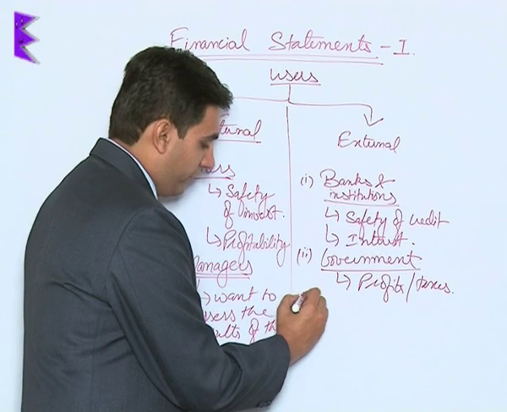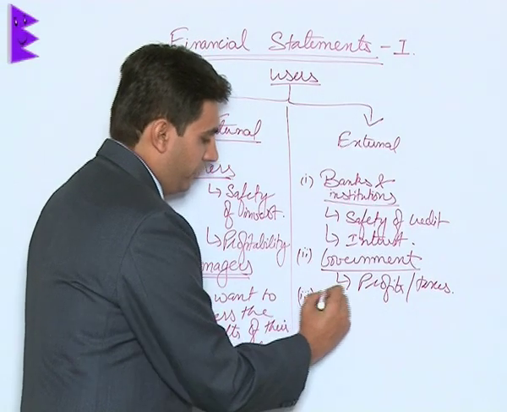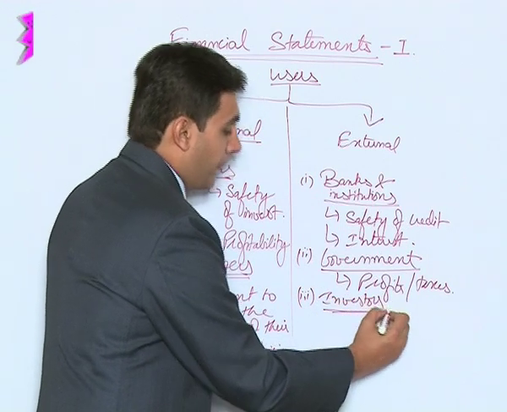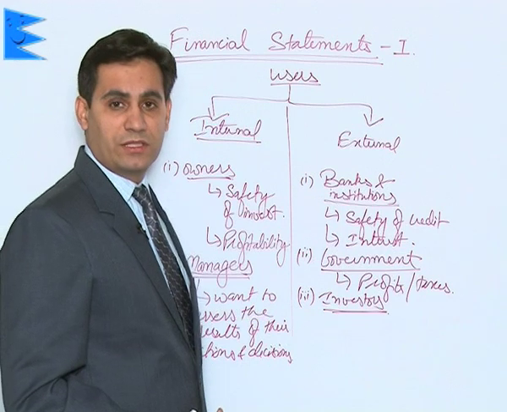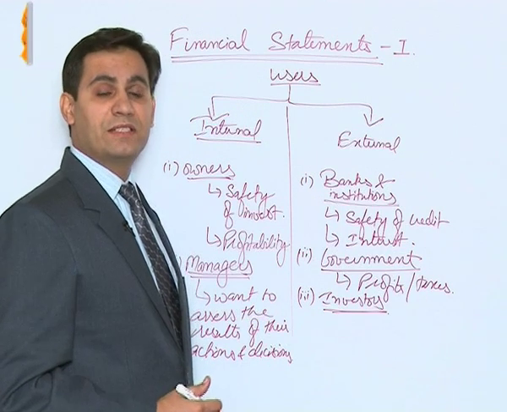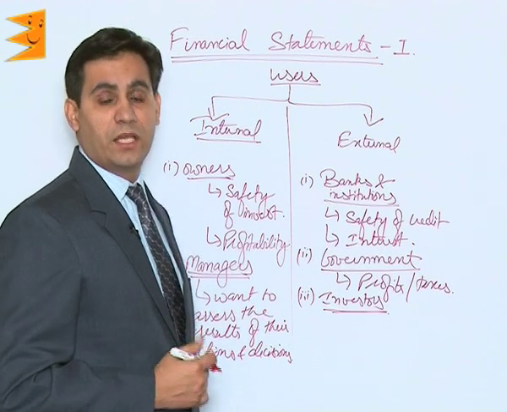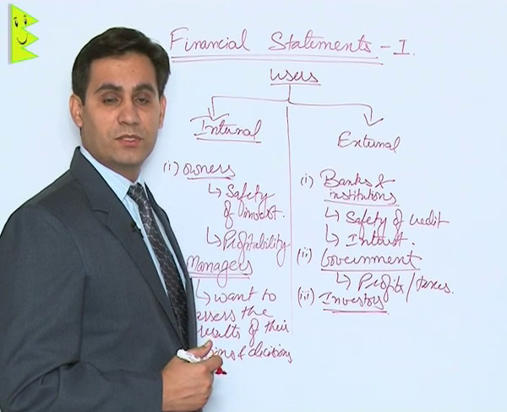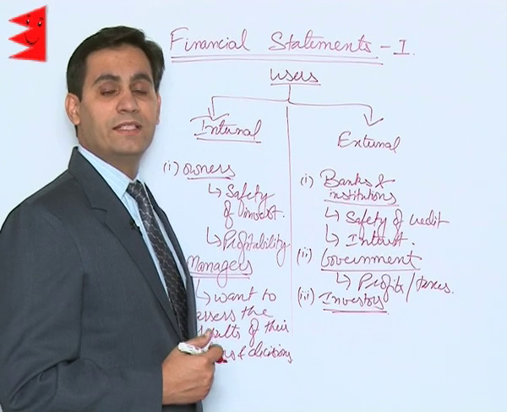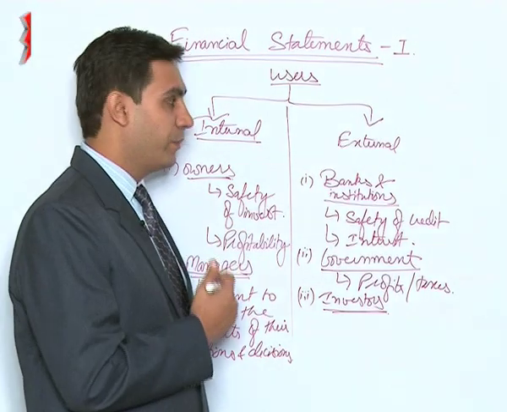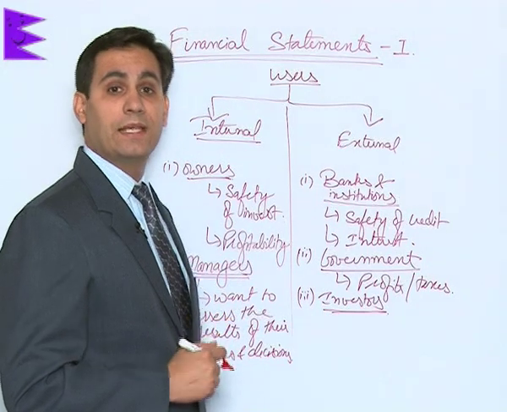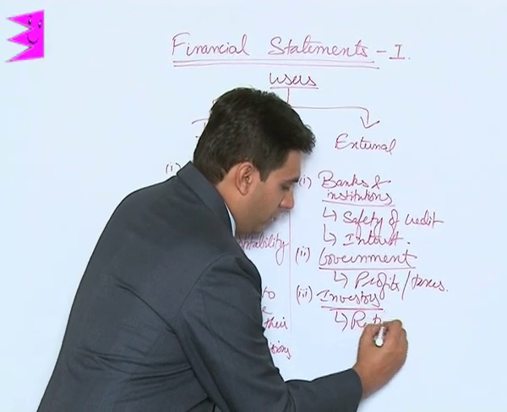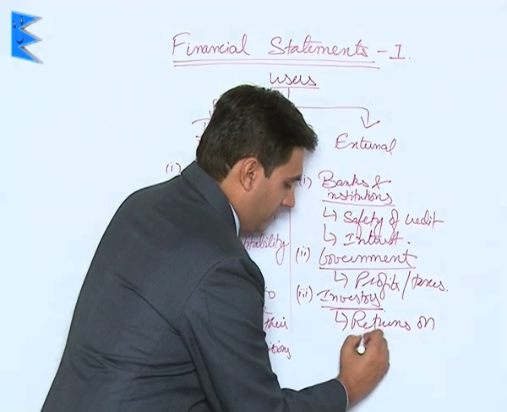Then we can have investors. It also includes potential investors. They are the people who have invested their money in the business in the form of shares and debentures. So obviously they would want their investments to grow, or at least they would want to get information about what their investment is getting in return. So they are interested in returns on investments.